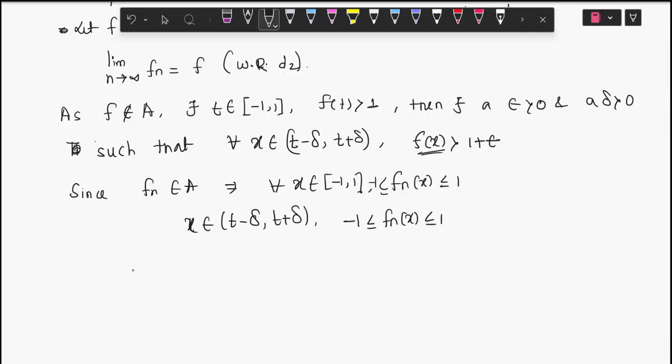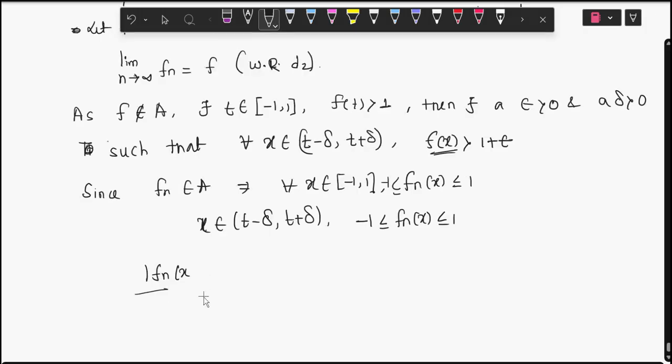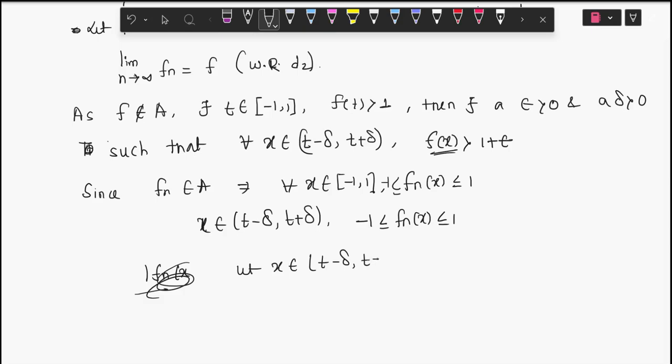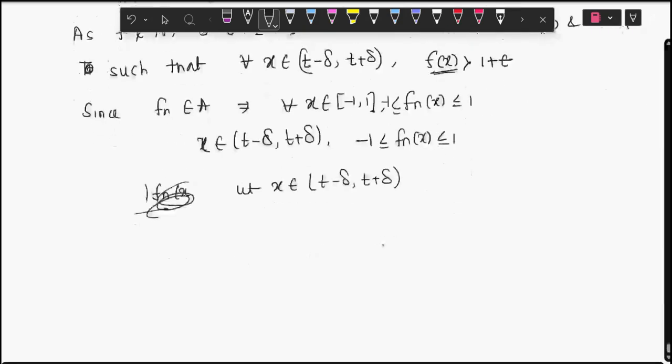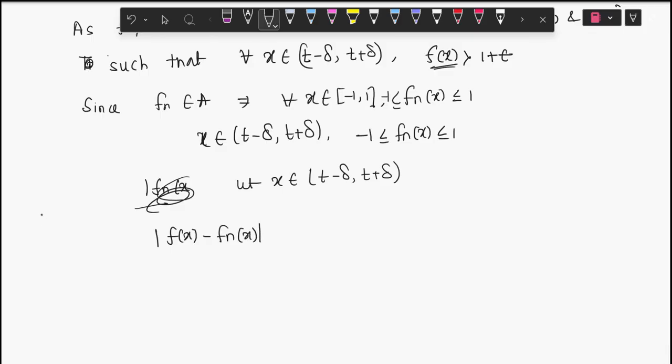Let x belong to t minus delta, t plus delta, and for this particular x I am calculating mod of f of x minus fn of x, where n is any natural number.